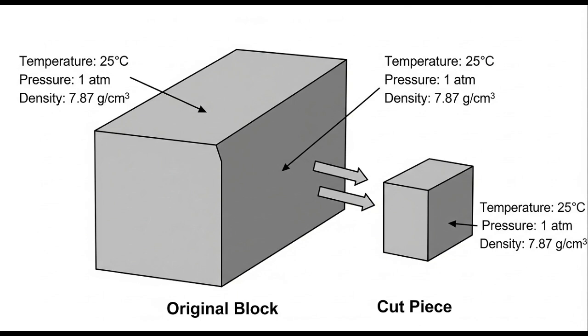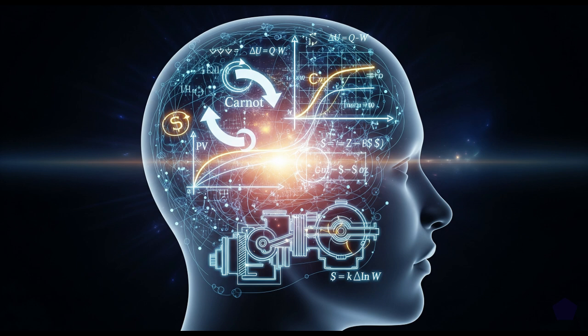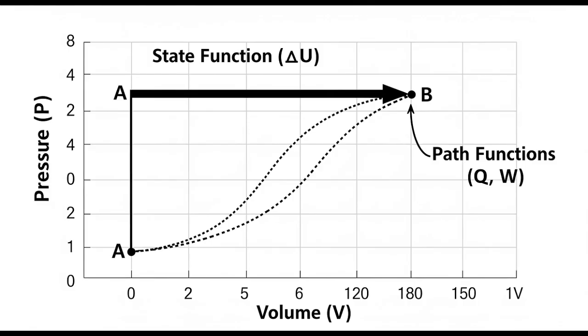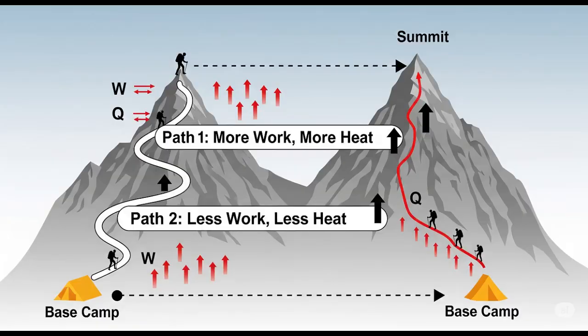This is a crucial distinction: state functions versus path functions. A state function, or property, depends only on the initial and final states of the system, not on the path taken to get there. Imagine climbing a mountain. Your change in elevation from base camp to the summit is a state function. It doesn't matter if you took the winding trail or the direct steep path.